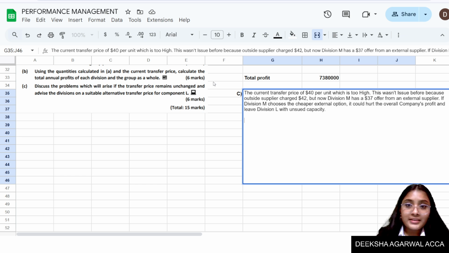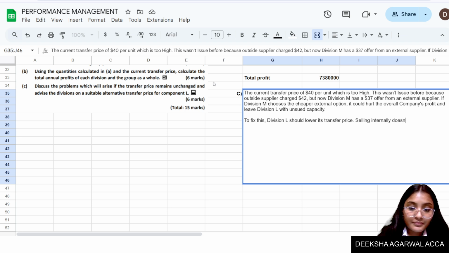Now we can say, to fix this, what can the company do? Division L should lower the transfer price. By how much? Because selling internally doesn't include what?